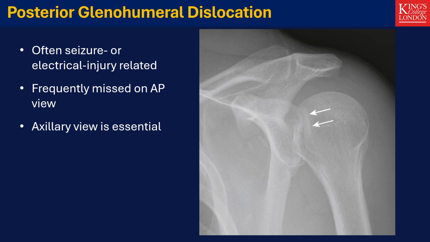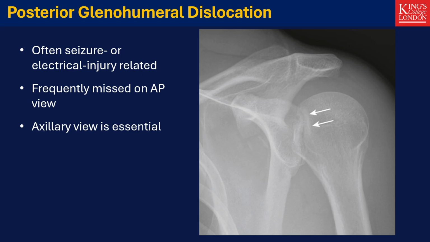Posterior dislocation is less common than anterior instability, but far more likely to be missed. It classically follows seizures or electrical injury due to violent internal rotational forces. On the AP view, the humeral head may appear symmetrically rounded, the so-called light bulb sign, because the arm is locked in internal rotation.